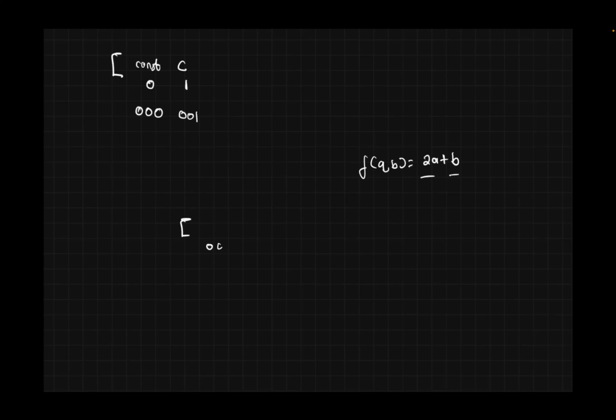So this is like 0, 0, 0, 1, 1, 0, 1, 1, right? Based on your representation, this is the constant, this is B, this is A, and this is AB. So your representation will be no constants, 1 coefficient for B, 2 for A, and none for AB, right?